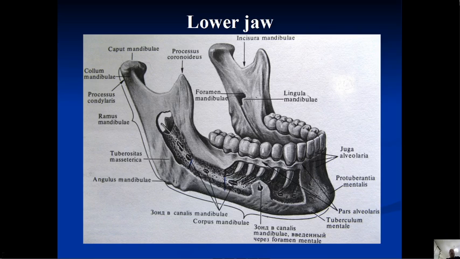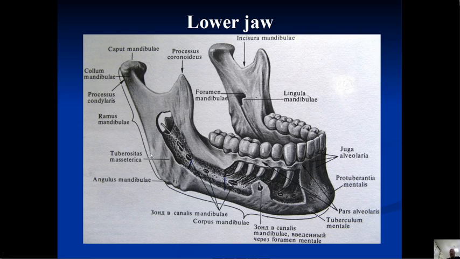It's connected to the cranium with the help of the temporomandibular joint and different types of muscles, levators and depressors. It consists of the body of mandible. Here is the body of mandible. The alveolar process, lower teeth, which are socketed in this part, and the mucosal membrane that is attached to them.